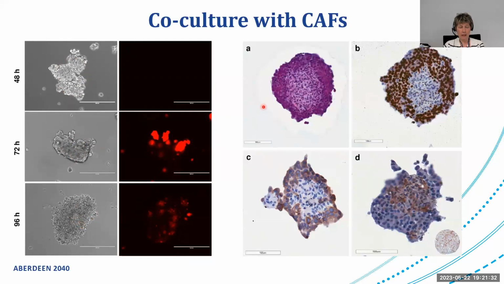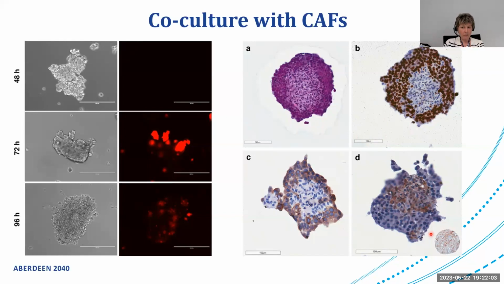And this is shown in an immunohistochemical image of sections of the spheroids. So here you see the cancer cells stained with Ki67 on the outside, and the fibroblasts. The fibroblasts had an RFP marker, and you can see the cells on the outside of the spheroid, and over time they start to infiltrate into the centre of the spheroid.